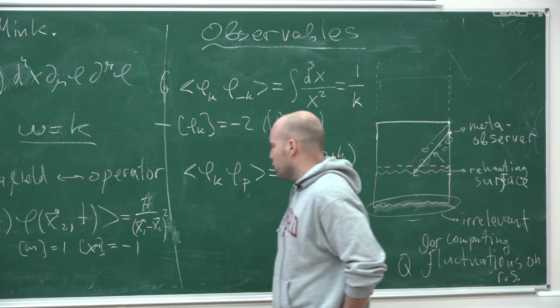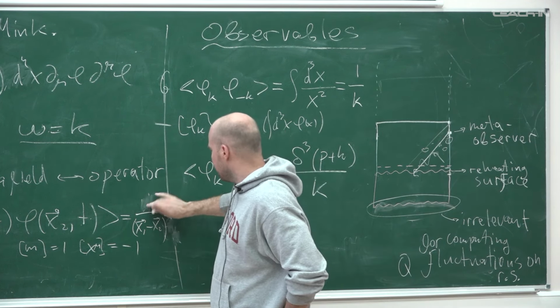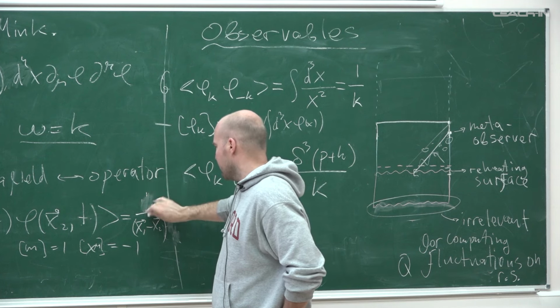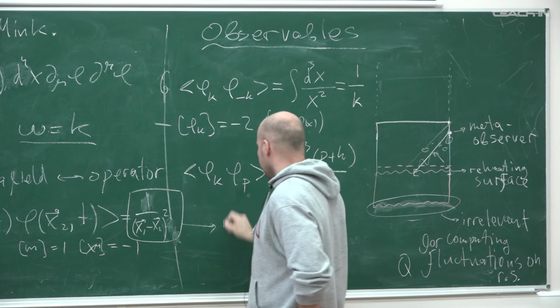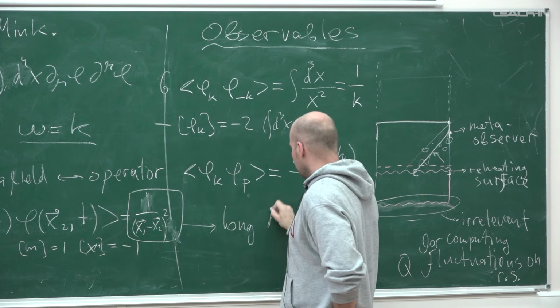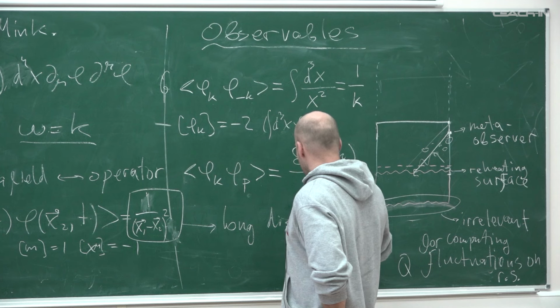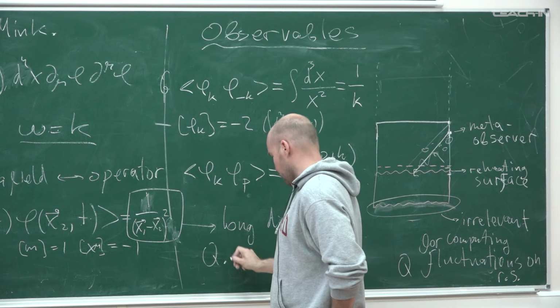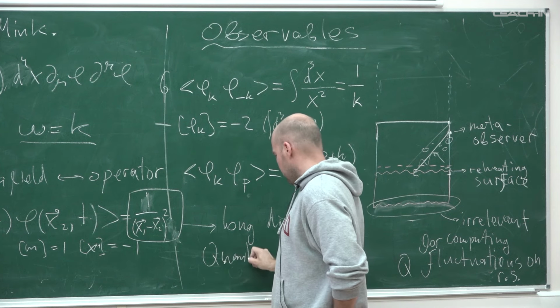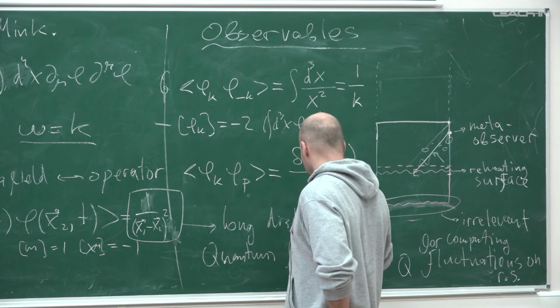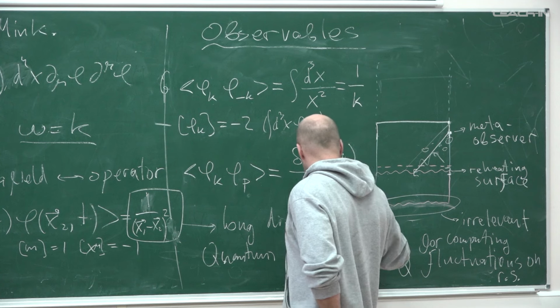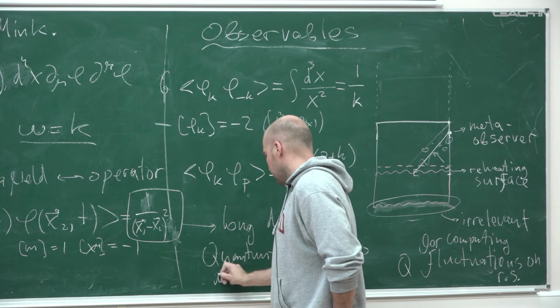Okay, so what does it teach us? What does this formula teach in position space? Let me put 1 here. We do not care about the order one constant. So this is important: at long distances, quantum fluctuations are small.